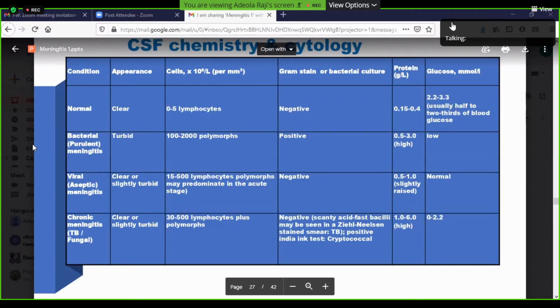And you can see roundish yeast cells with a halo because the capsule does not take up the stain. I think you also did this, the negative staining, during your POD lab. So you can also do this to make a tentative diagnosis. Protein content is high, and glucose level is low.